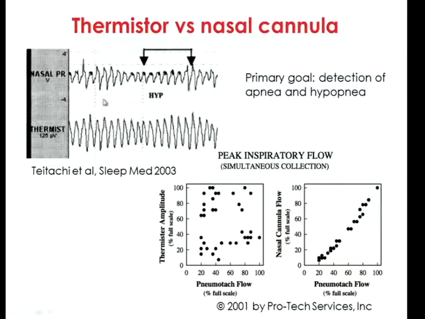But with a nasal prong, you can see that these flows here are much smaller compared to these larger flows here, so something's clearly happening there. And this is another graph showing that if you try to take peak inspiratory flow with a thermistor, you get no relationship with the pneumotach, which, as you recall, is the gold standard, whereas with nasal cannula, you get a pretty good measurement.